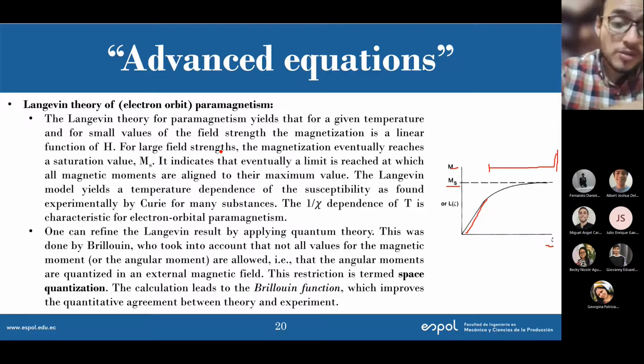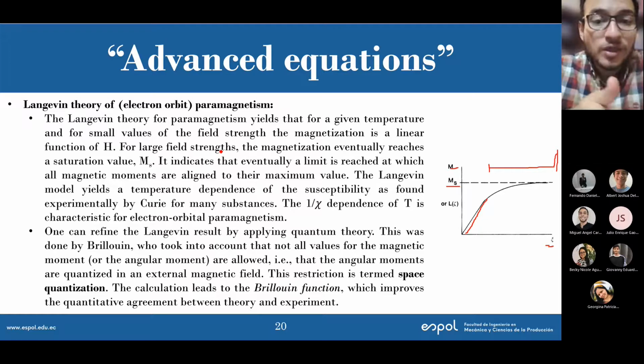He took into account that not all values for the magnetic moments should be allowed, such as in the Brillouin zones. He said the angular momenta that we have orbiting should be quantized in an external magnetic field, and he termed that space quantization.